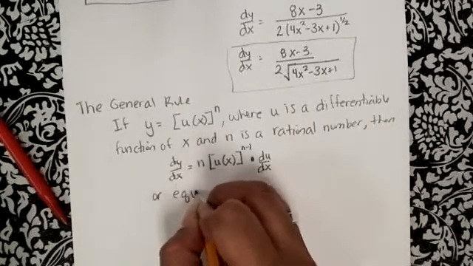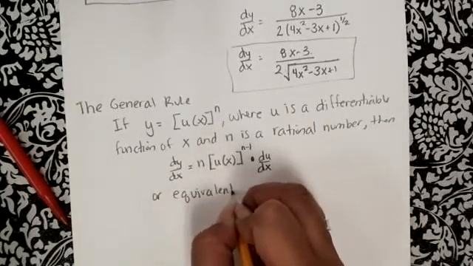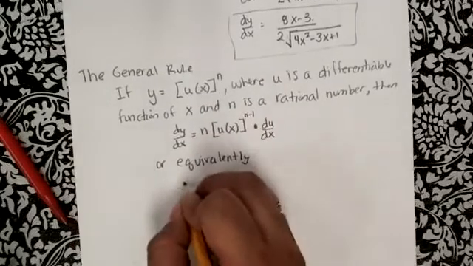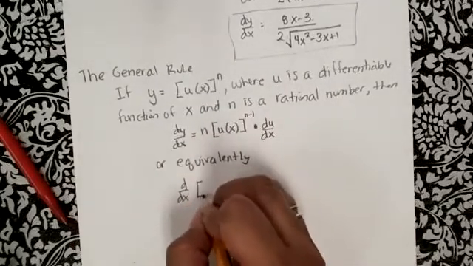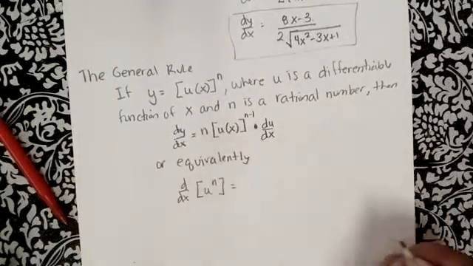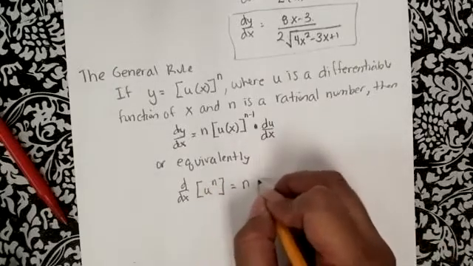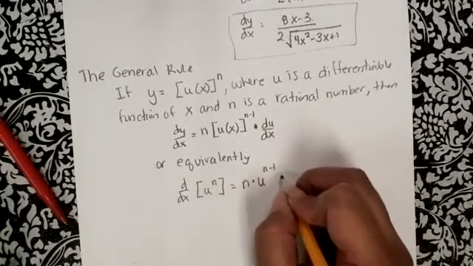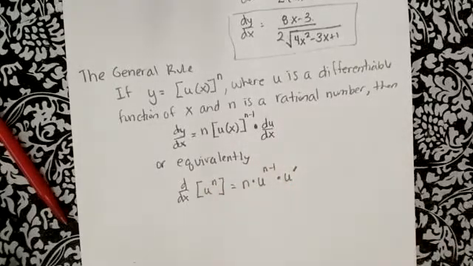Or equivalently, if you have the derivative of u to the n, you bring the n down, you decrease the power, and then you take the derivative of u.